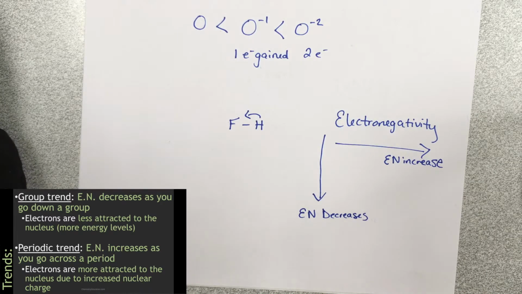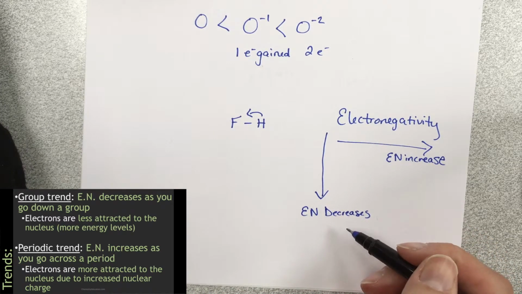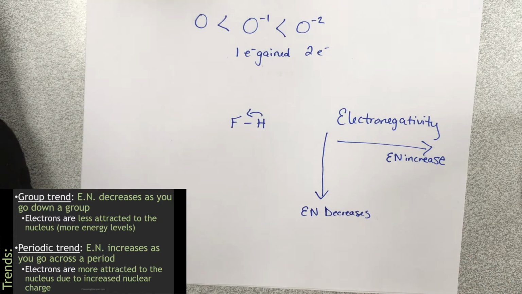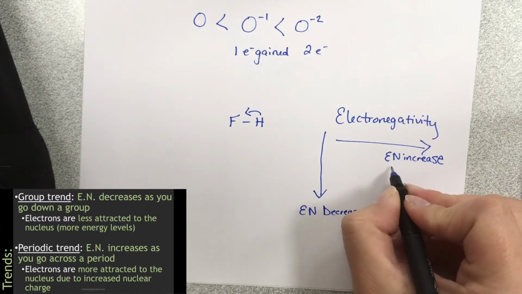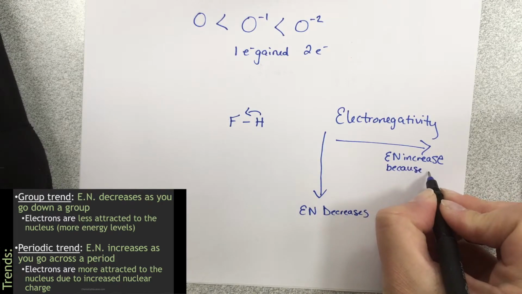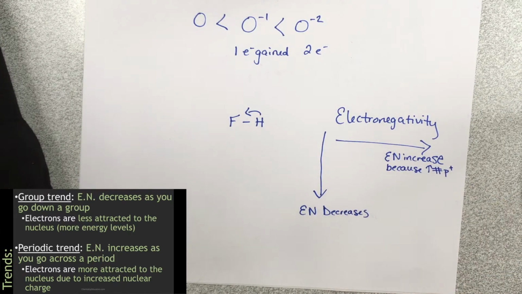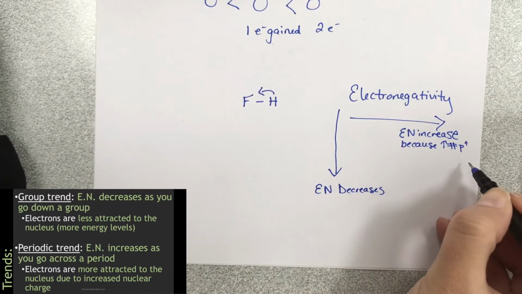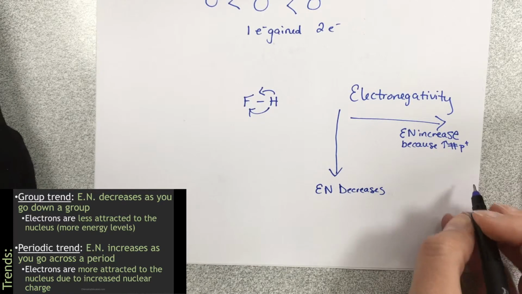Okay, and the good thing is that the reason this increases and this decreases is literally the same reason that atomic size increases and decreases. So this will increase because of increased number of protons, or that positive charge in the nucleus, which is able to pull in the electrons towards itself from the other atom.